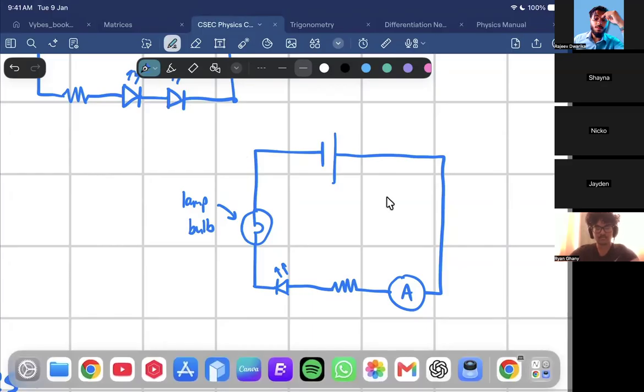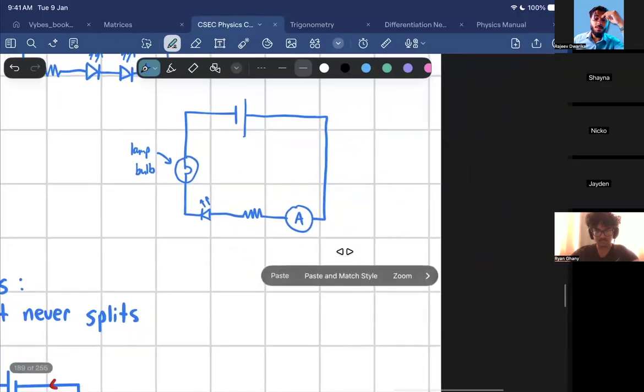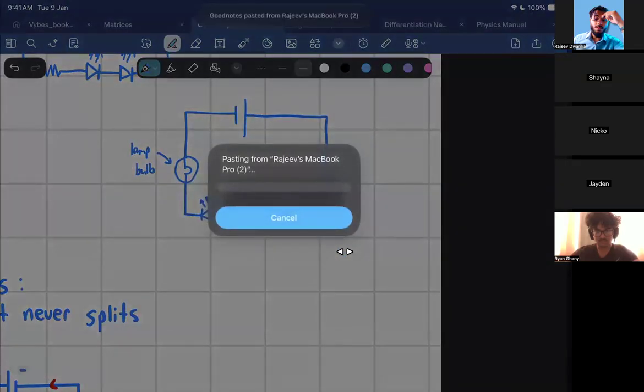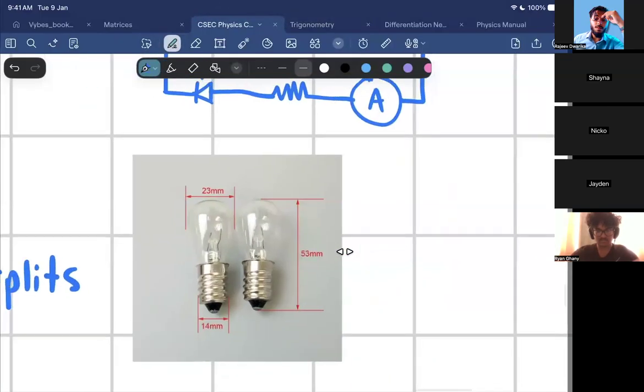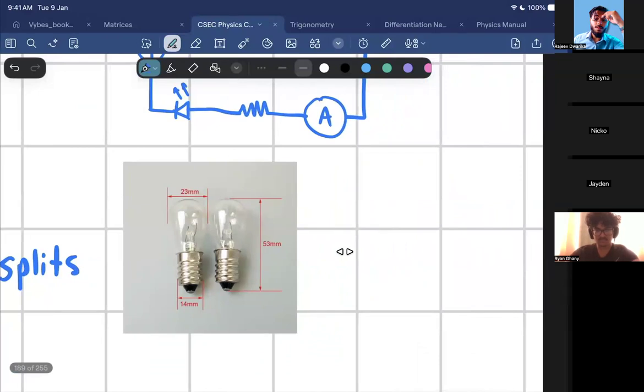Let me show you all what a lamp is. Alright, this is a lamp. Do you know how lamps work?